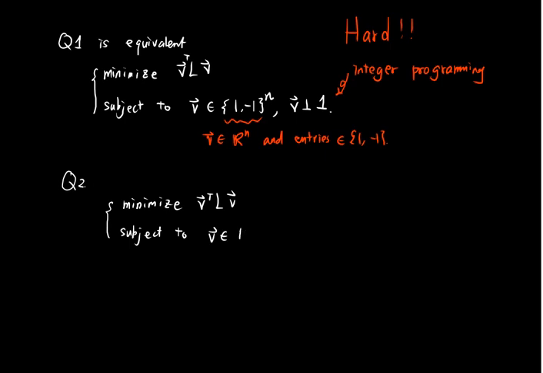We only want it to be a vector in Rn, but still somehow balanced: the sum of positive entries is equal to the sum of the negative entries. The only difference is that previously it could only be 1 or minus 1, but now it can be any real number, with the same condition. So this is the only difference.